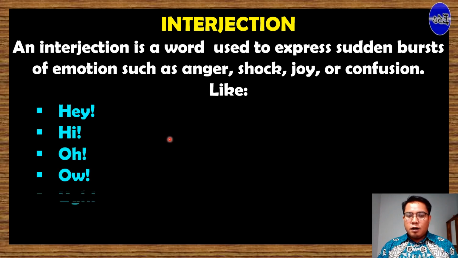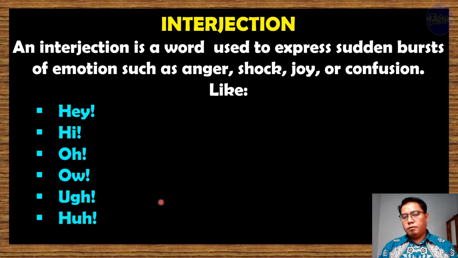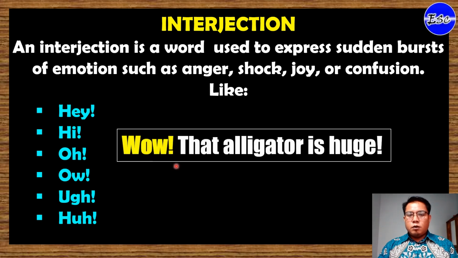Hey, hi, oh, ah, ha are examples of interjections. For example, wow, that alligator is so huge. You are surprised to see the alligator is so huge, and then you say wow. Sudden emotion or sudden feeling.